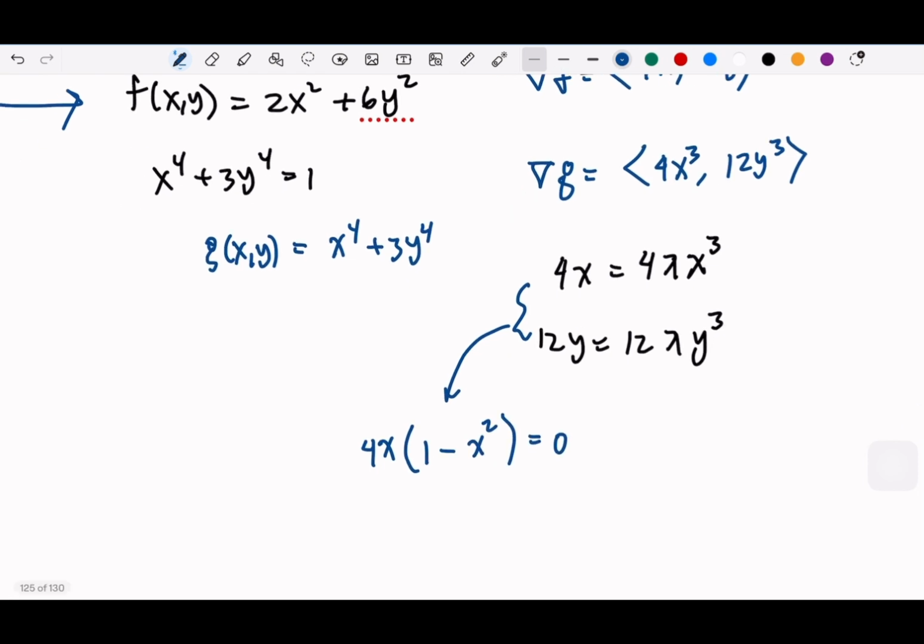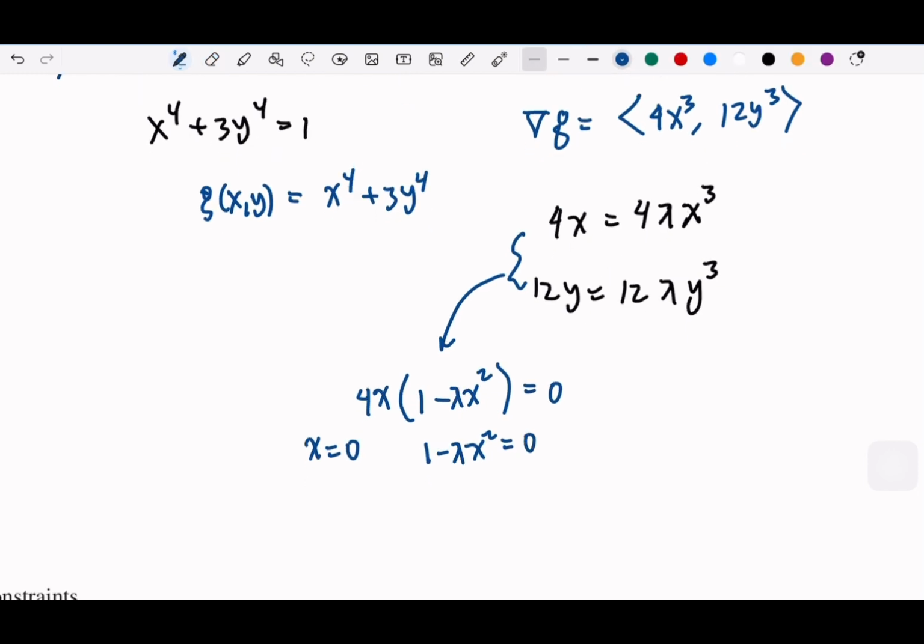So we get that one of the possibilities is x is 0, or lambda x squared is 1, so x squared is 1 over lambda.